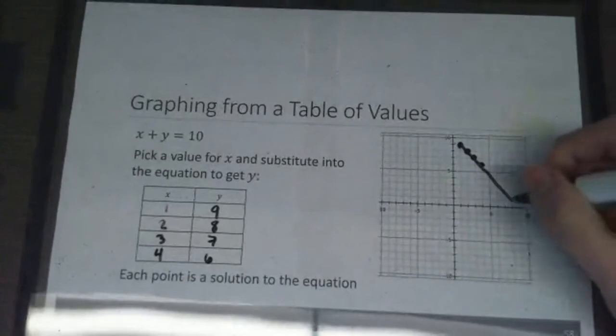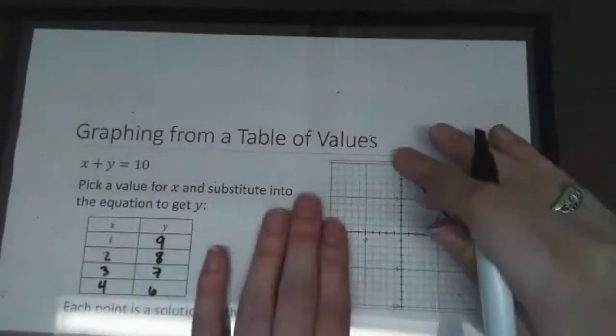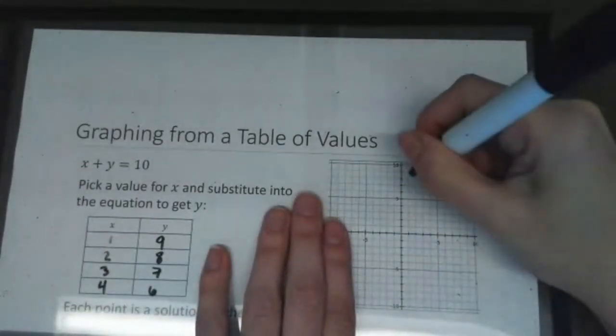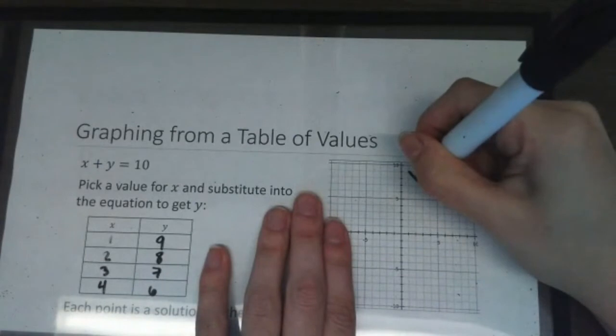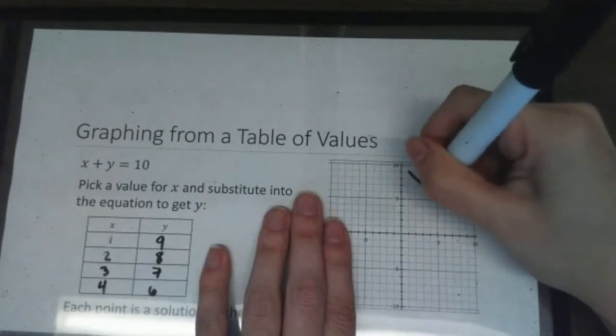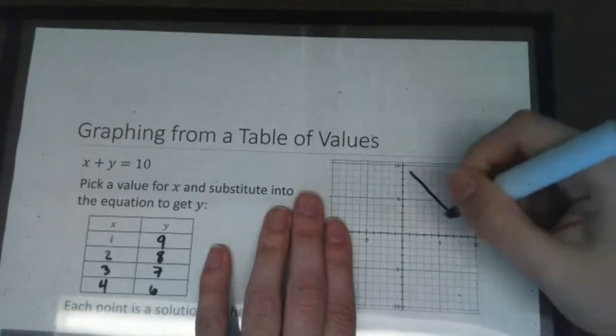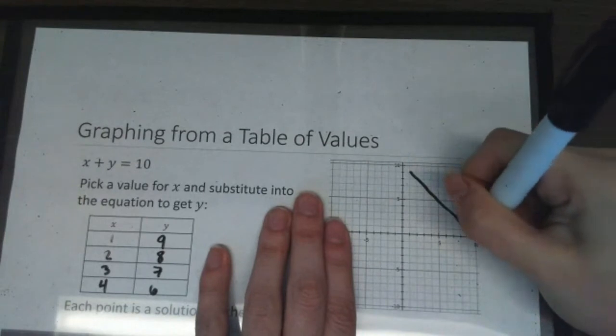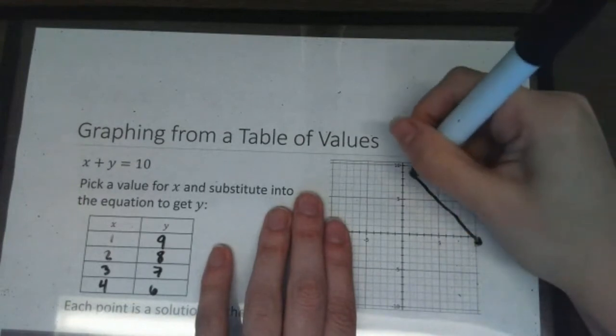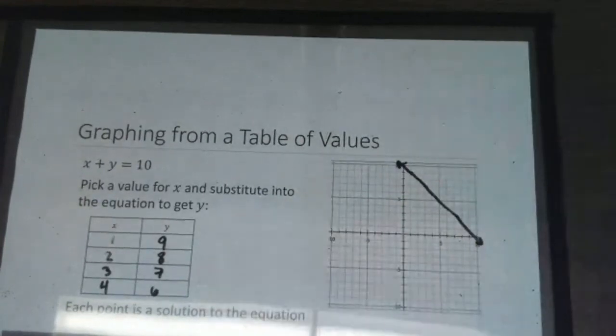We're talking about linear equations here, and we said right in the beginning that linear equations graph as a straight line. So it shouldn't come as a surprise to us that we got a straight line.